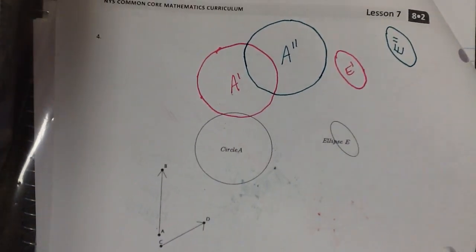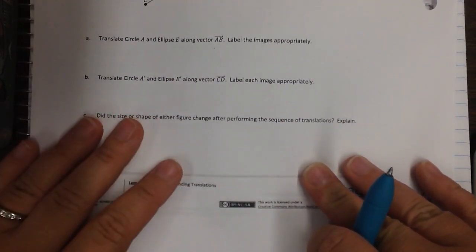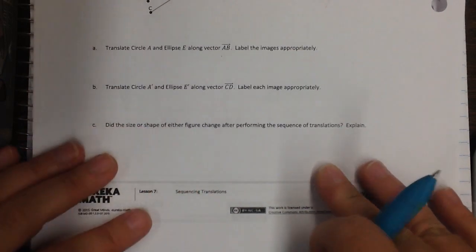And then question C asks, did the shape or size of either figure change after performing the sequence of translations?